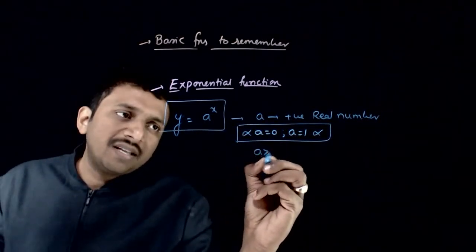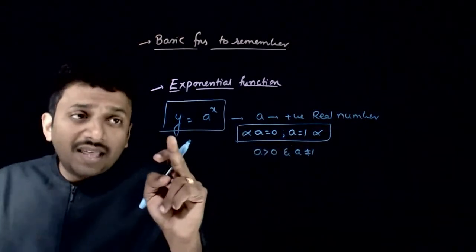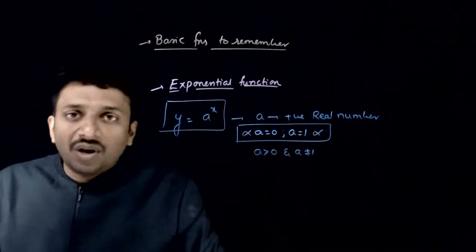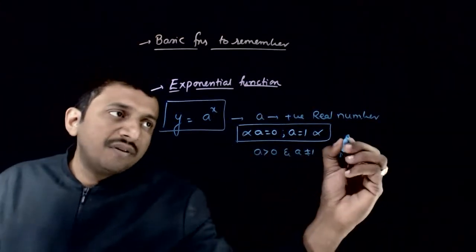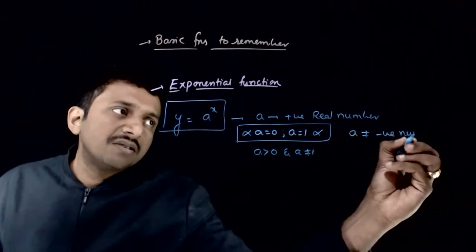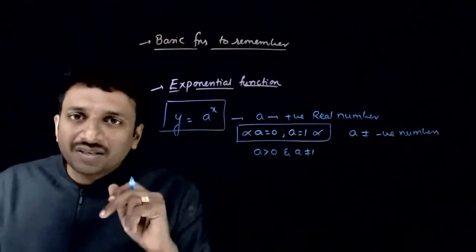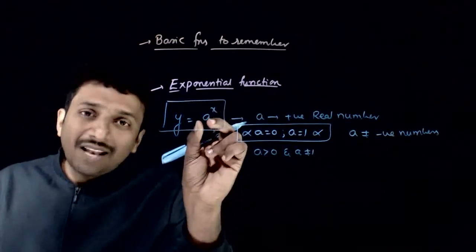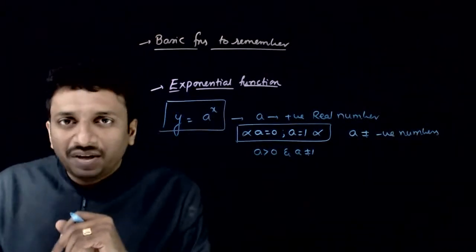So we limit our a to positive real numbers, which are not equal to 0 and 1. So a greater than 0 and a not equal to 1, then y is equal to a power x is called an exponential function. So we also don't take negative numbers, because if you take negative numbers, for some powers of x the values will be complex. For all the values of x, the values will not be real.